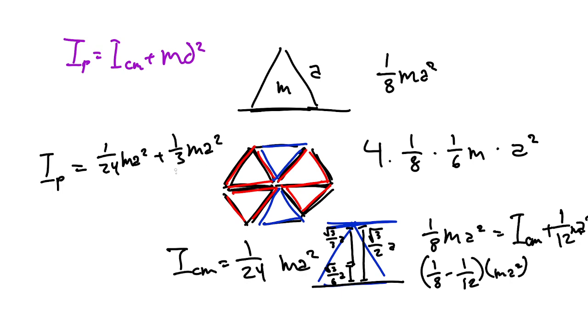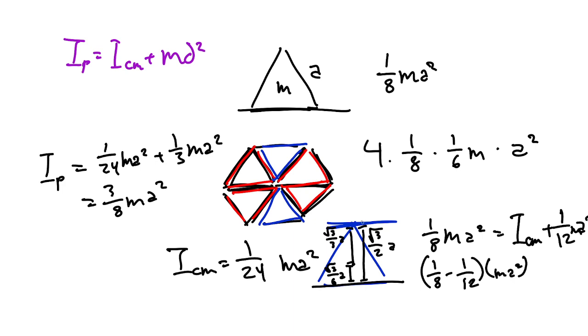If we were to write this out, that means that this would be 1 over 24 plus 8 over 24, which is 9 over 24, and 9 over 24, we can simplify into 3 over 8 ma squared.